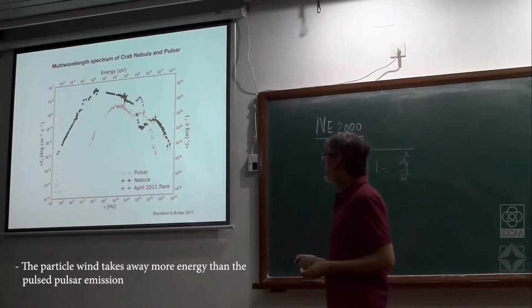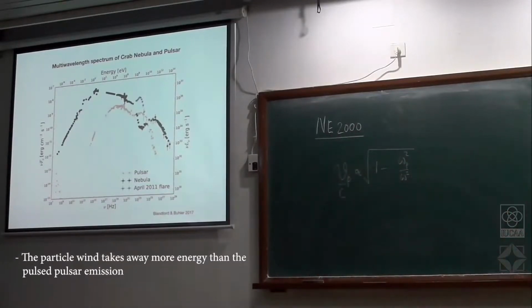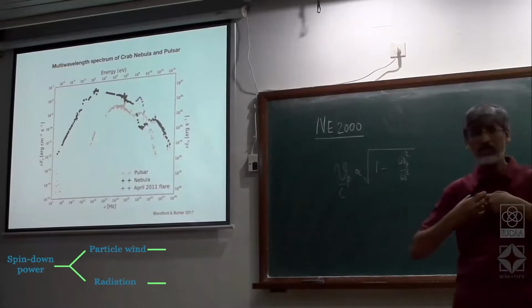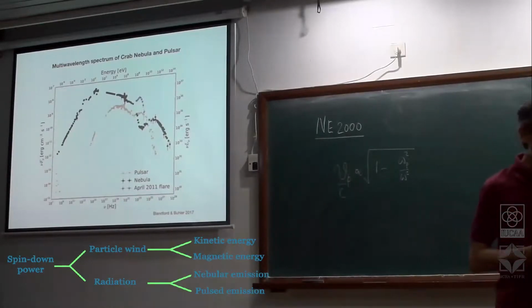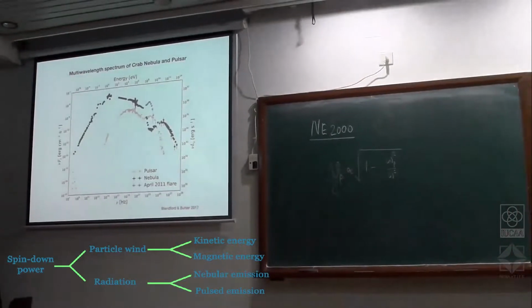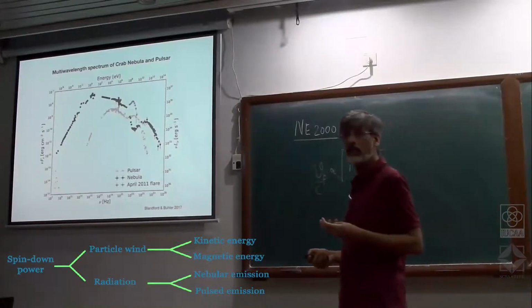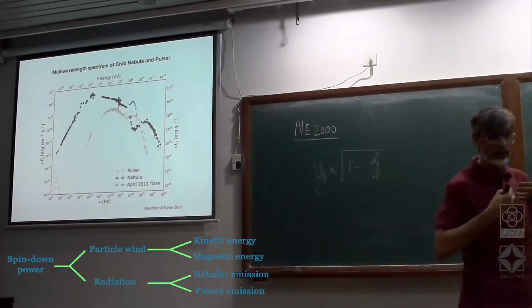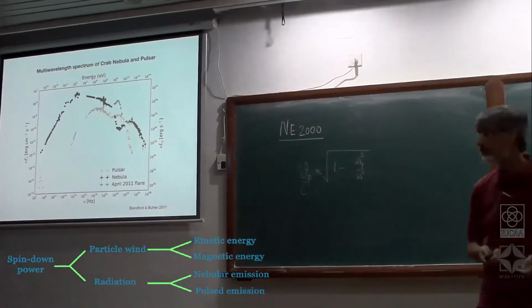So the total energy budget from the pulsar then consists of the radiation in photons plus the kinetic energy of particles given into the wind. It's not just the kinetic energy but also the electromagnetic energy, because the wind is not free of electromagnetic field, so it carries both particle energy and magnetic energy.